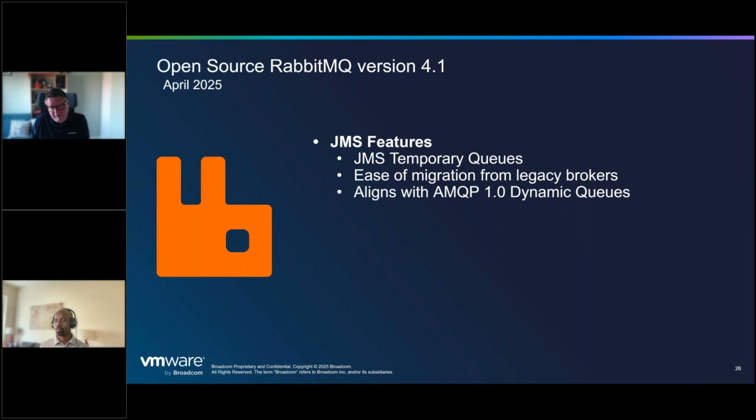So you've almost got a drop-in replacement for some legacy brokers out there with RabbitMQ. This support for the creation of temporary queues over AMQP utilizes the Apache Qpid JMS client. So from a client point of view, if folks are using the Qpid JMS client, you don't need to make an update to your client. You can just drop RabbitMQ in straight away.